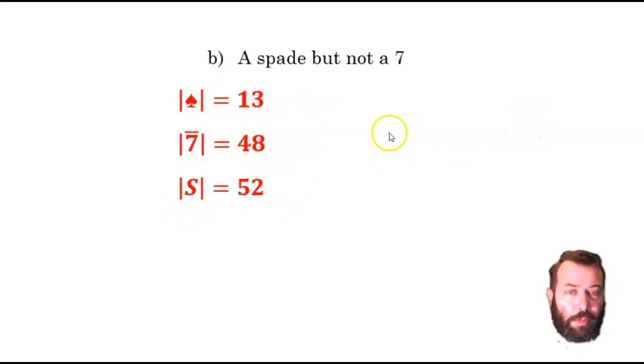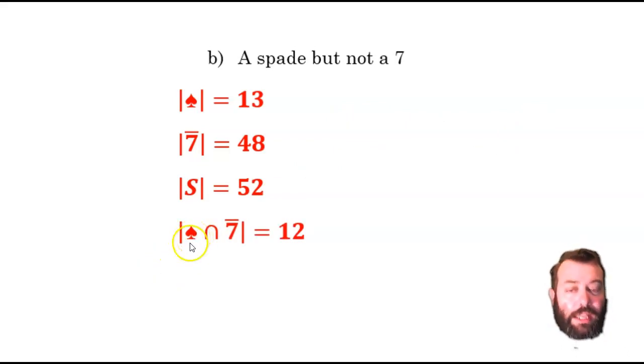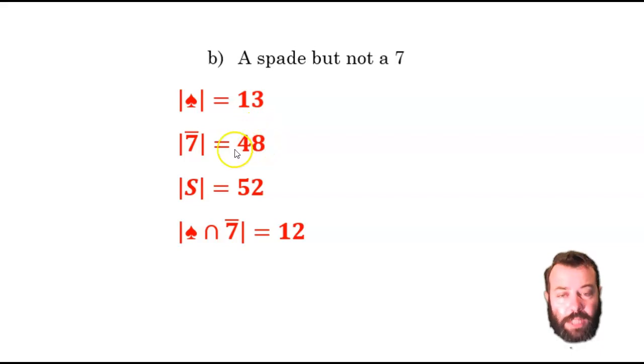So how many cards belong to the intersection of spades and not 7s? How many spades are not 7s? Well, there are 13 spades and 12 of them are not 7s. Alternatively, we could say there are 48 cards that are not 7s and a quarter of those are spades.